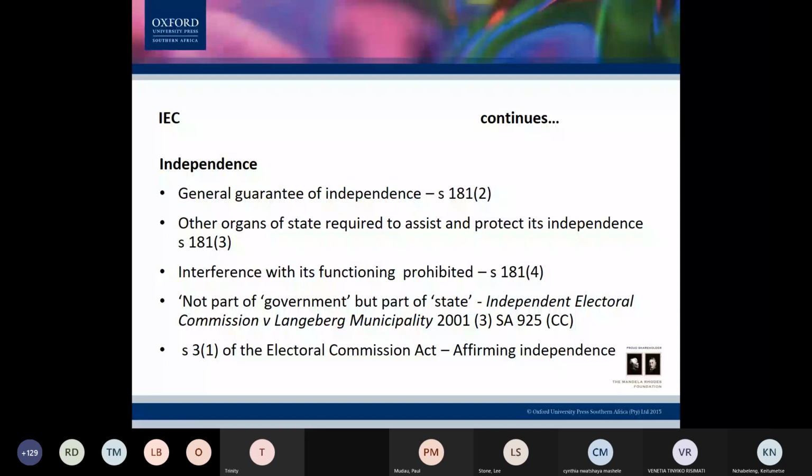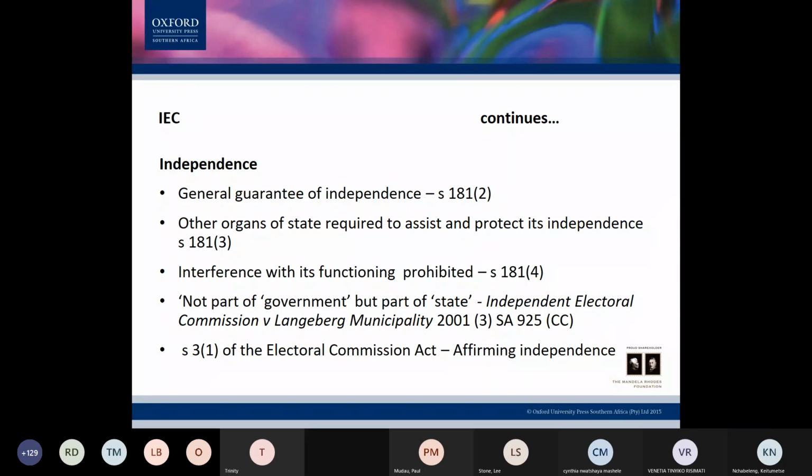So one of the key or fundamental features of South Africa's Electoral Commission is its well-known independence that is conferred by the Constitution. And again, in practice, we see that the executive or organs of state actually respect the independence of the Electoral Commission.